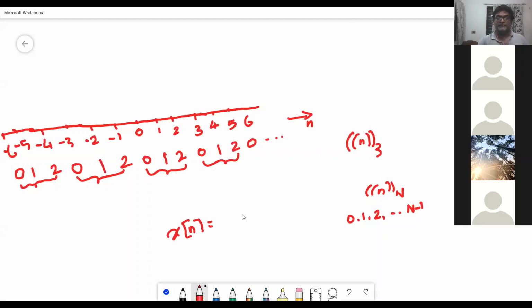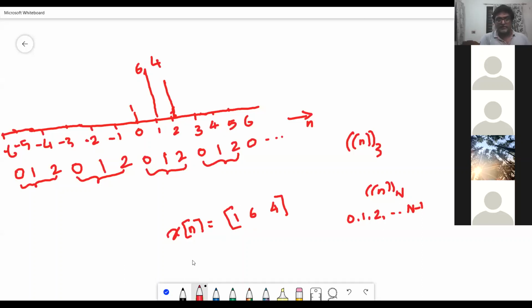Let us say it has only 3 samples, and the samples are 1, 6, 4. So at 0 you have 1, at 1 you have 6, and at 2 you have, let's say, 4. These are the samples. This is 1, 6, 4. So this is x of n.